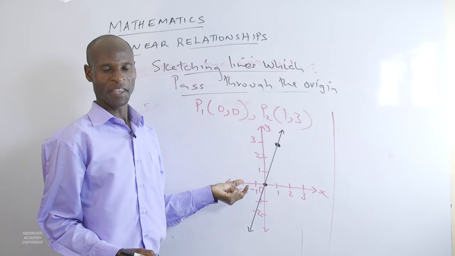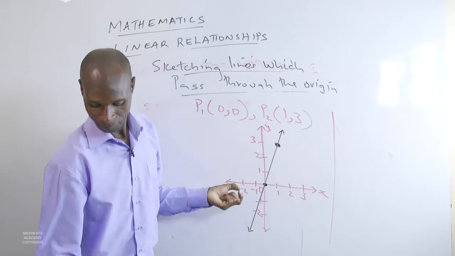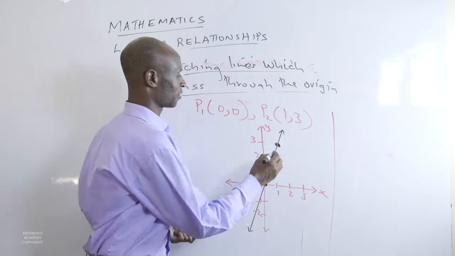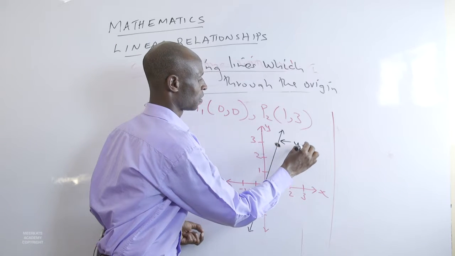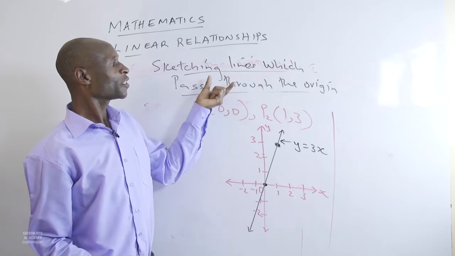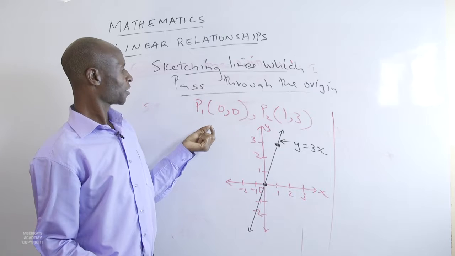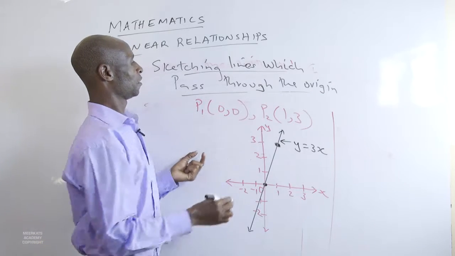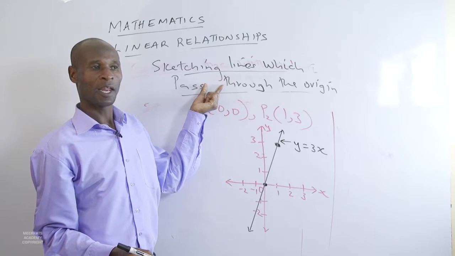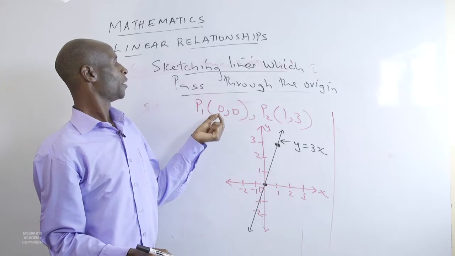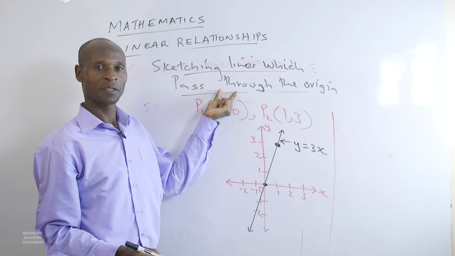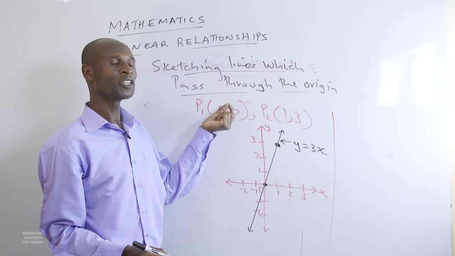In our case, the equation is y is equal to 3x. So using this particular illustration, we have shown clearly how you can sketch a linear graph that is passing through the origin. What is important is you need to know that the origin is the point 0, 0.